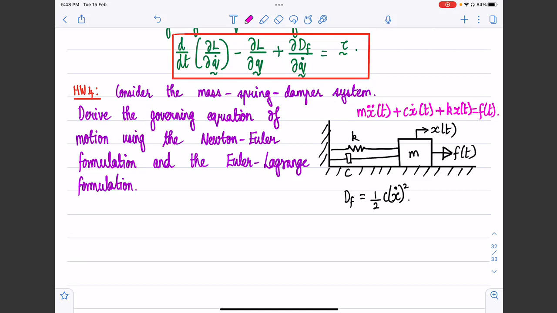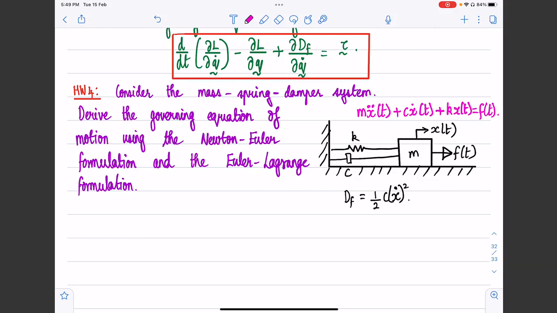Many times we go for Lagrange's formulation, or the Euler-Lagrange formulation, where we identify the generalized coordinates, write down the potential energy and the kinetic energy terms, and then use the Lagrange's equation of motion. But sometimes that may not be possible. Then we go for the Newton-Euler formulation, where we break down the system into simpler subsystems and components, draw the free body diagram and balance out the forces and moments.